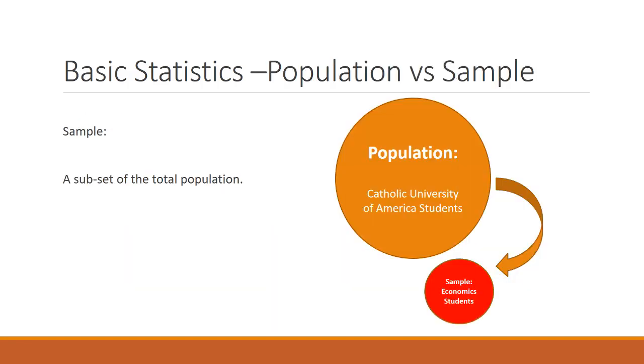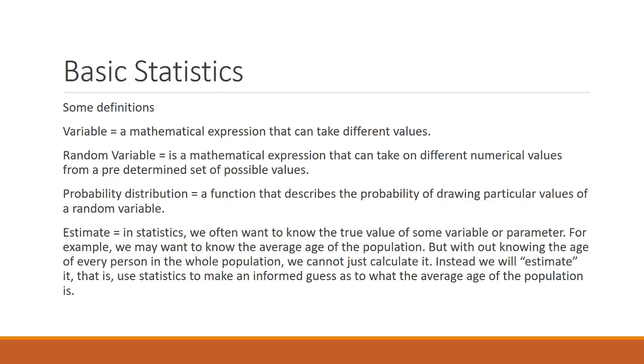Okay, let's think about some basic definitions. I've alluded to some of these before, but I want to drive these home. A variable is a mathematical expression that can take different values. A random variable is a variable, a mathematical expression, that can take different values from a predetermined set of possible values, and they're drawn from this set of possible values randomly.